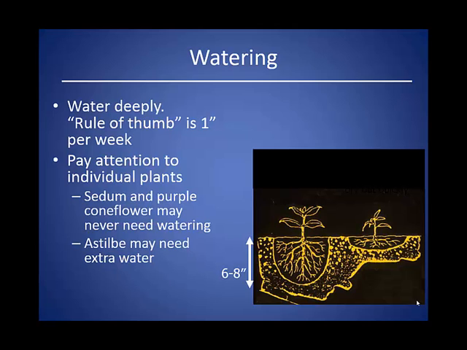So you would rather give them 1 inch at a time rather than 4 times a 1/4 inch each time. That's sort of the way we're trying to frame our thinking. You want good, thorough watering fewer times than lots of really shallow watering because you want that deep root system development.